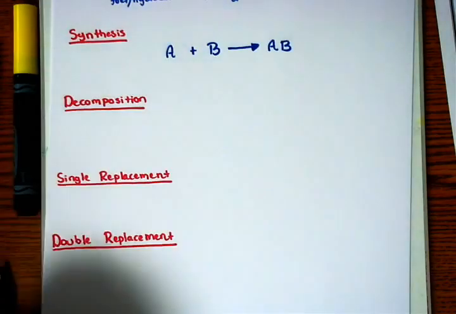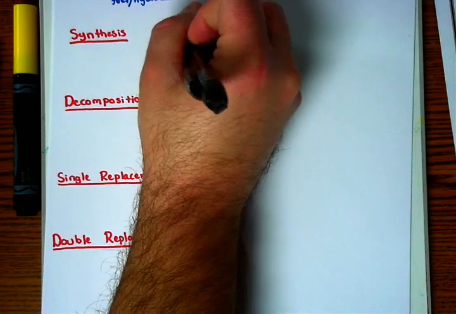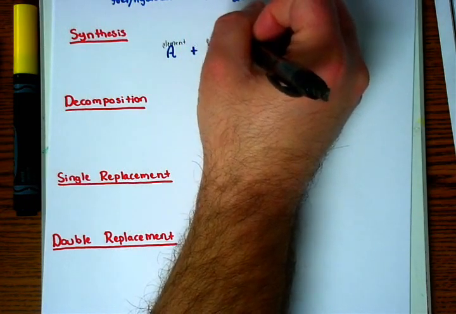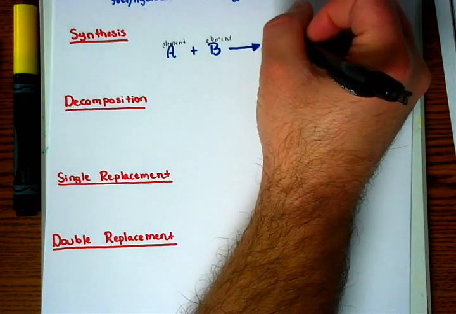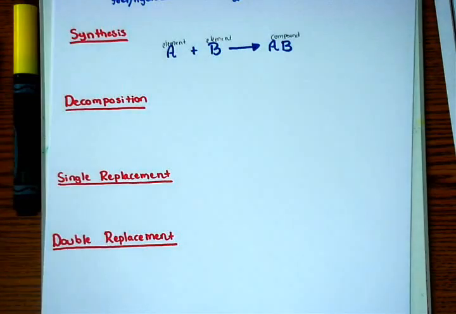Where A represents a single element or a very small compound, B represents a small element or a small compound, and AB represents a compound. Because we know that compounds are made of 2 or more elements, and we see 2 or more elements in that.